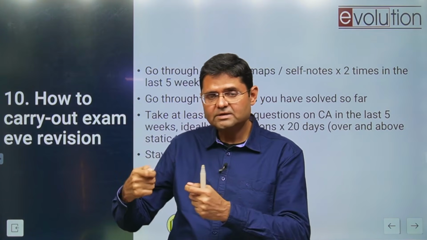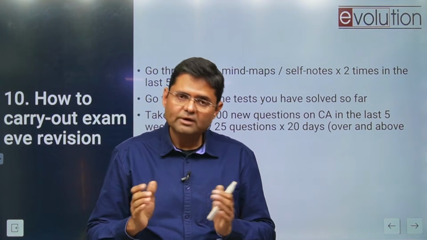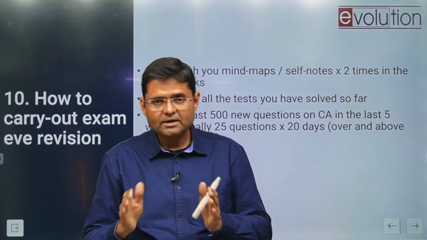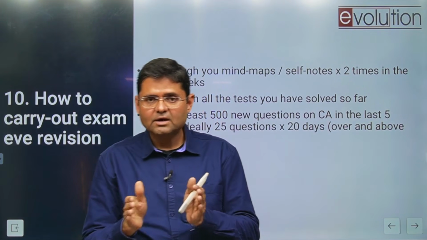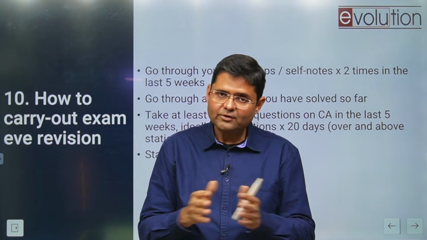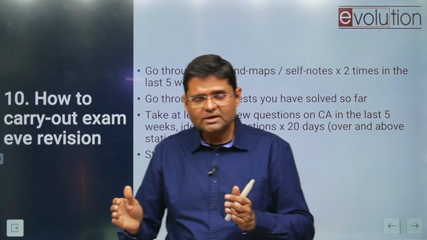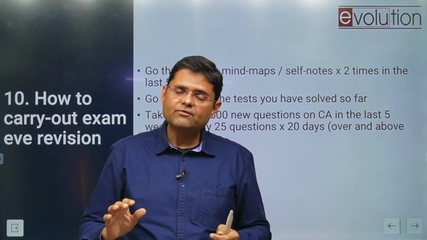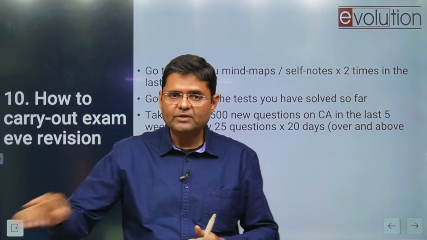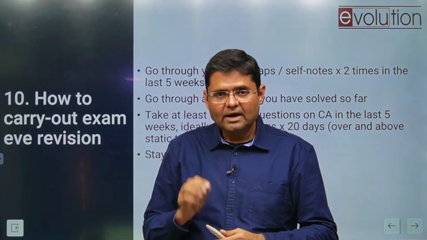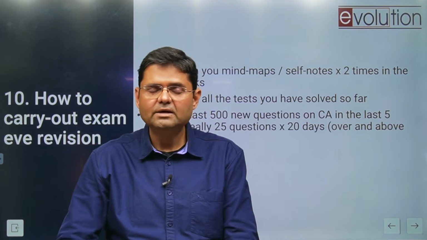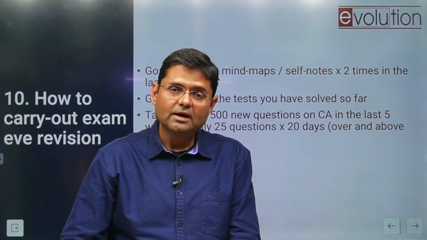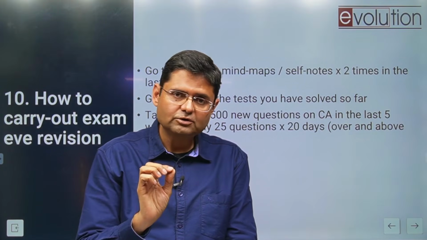But this revision consolidates what you already knew. So please do that. And in the last 5 weeks, make sure that you are solving 500 new questions. It is possible that out of those 500, you will still be getting 350 correct and 150 wrong. No problem. Those 150 wrong answers are basically your augmentation opportunity, last moment augmentation opportunity.